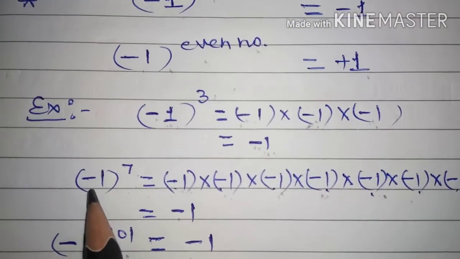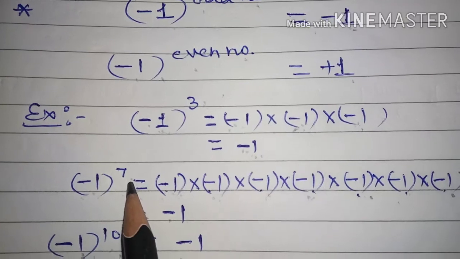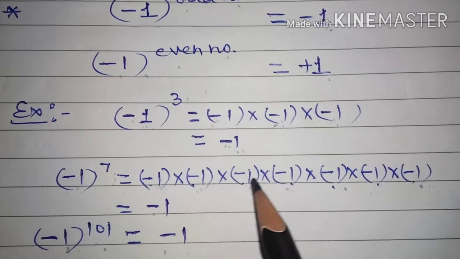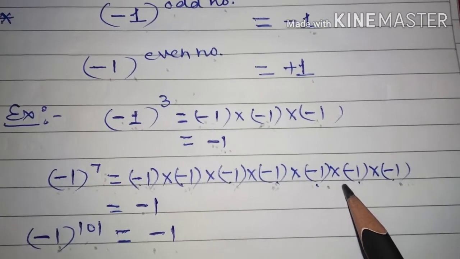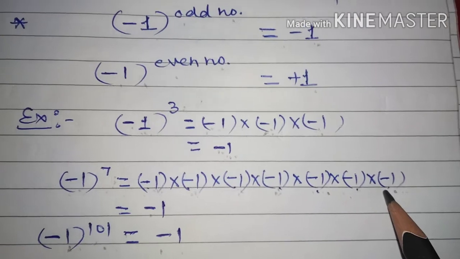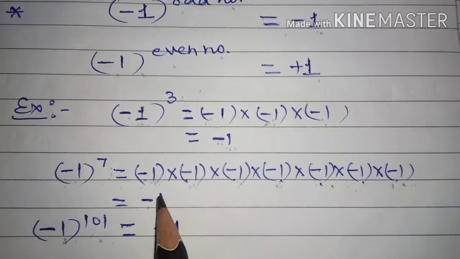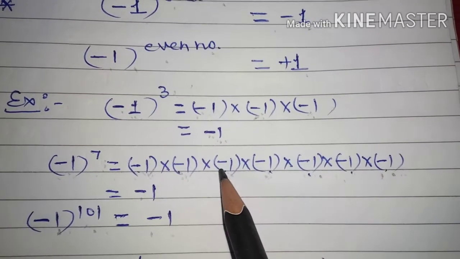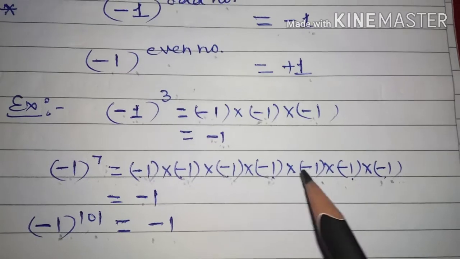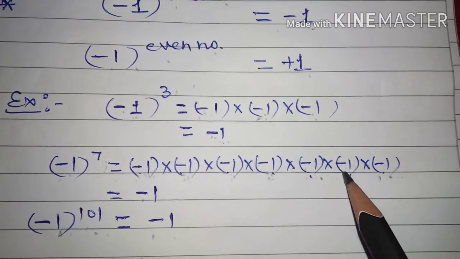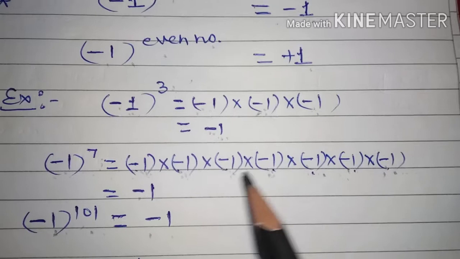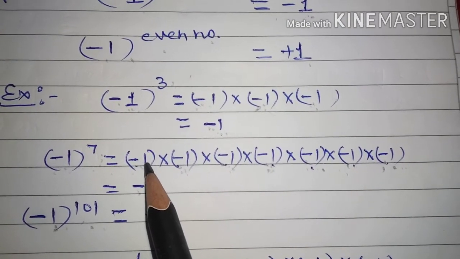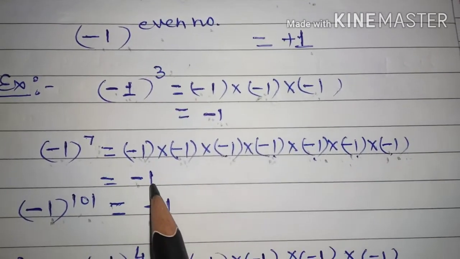See another example, minus 1 whole power 7, that is minus 1 into minus 1 into minus 1 into minus 1 into minus 1 into minus 1 into minus 1. It will be 7 times. So minus into minus, plus, plus into minus, minus, and so on. The sign will be minus, and since the number is 1, 1 multiplied by itself, the result will be 1.